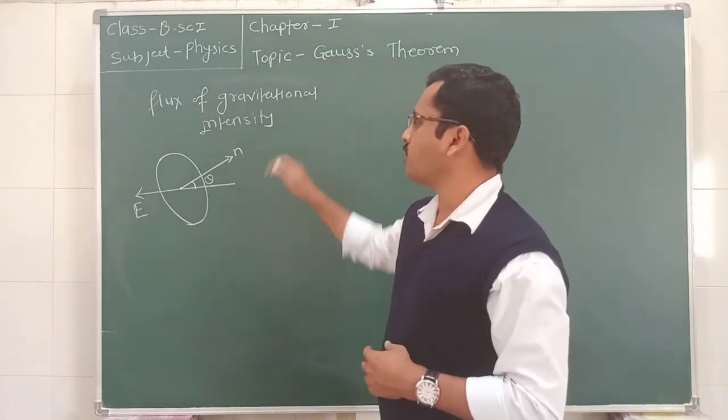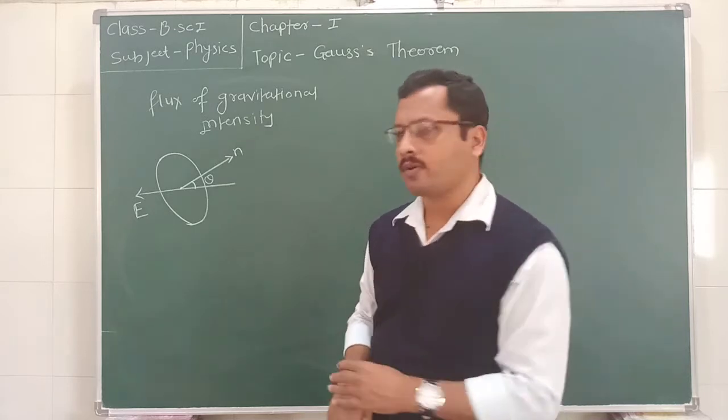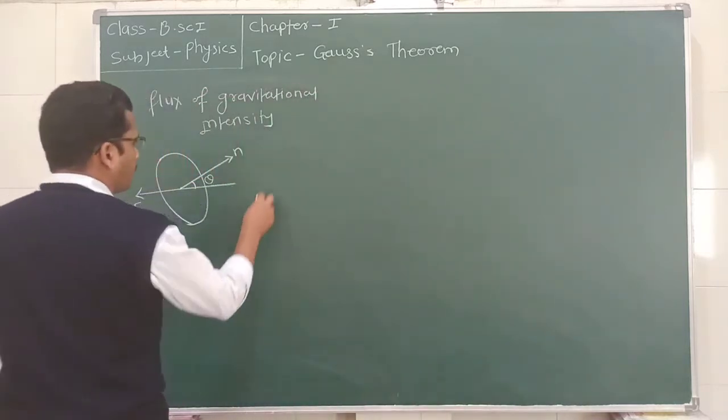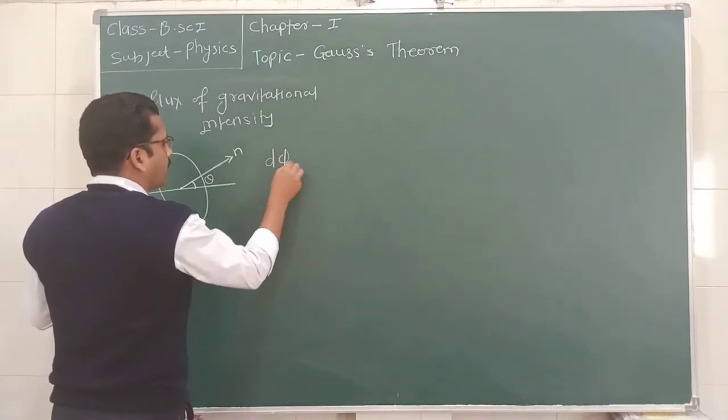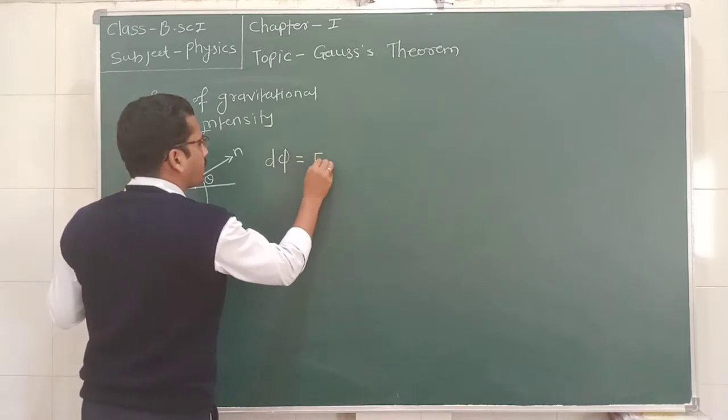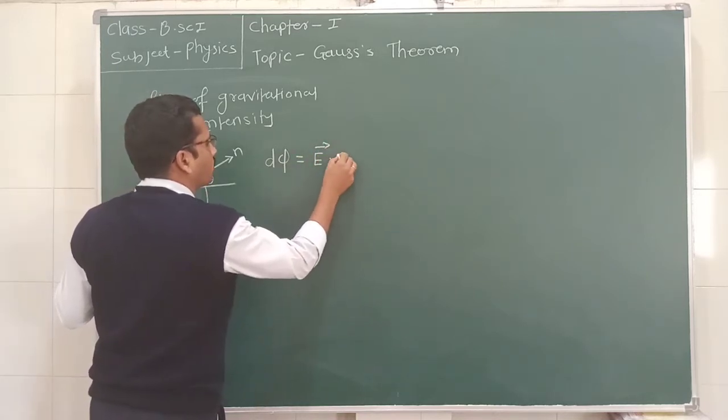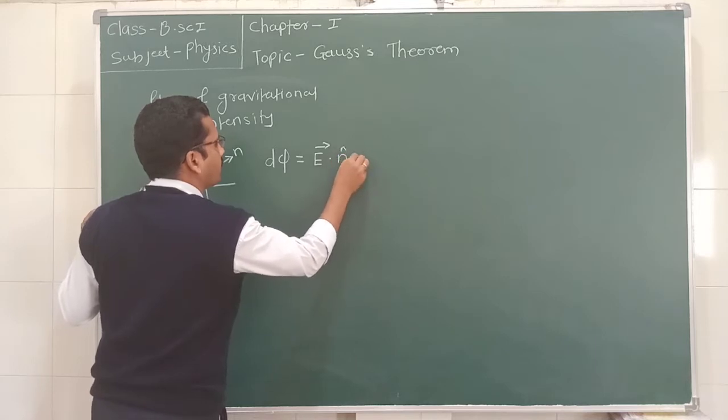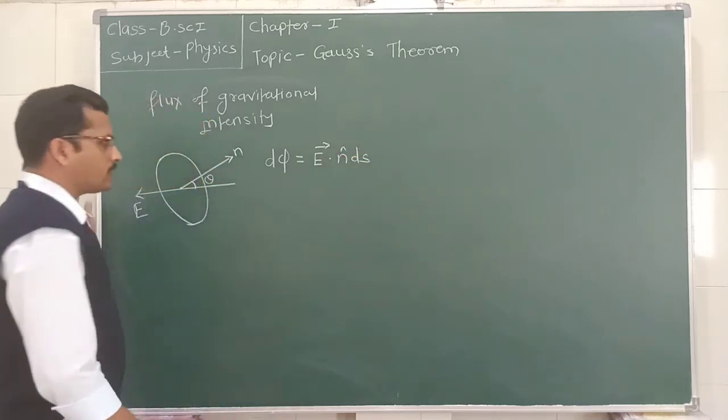So what is the flux of gravitational intensity? The flux of gravitational intensity is defined as d phi is equal to E dot n ds.